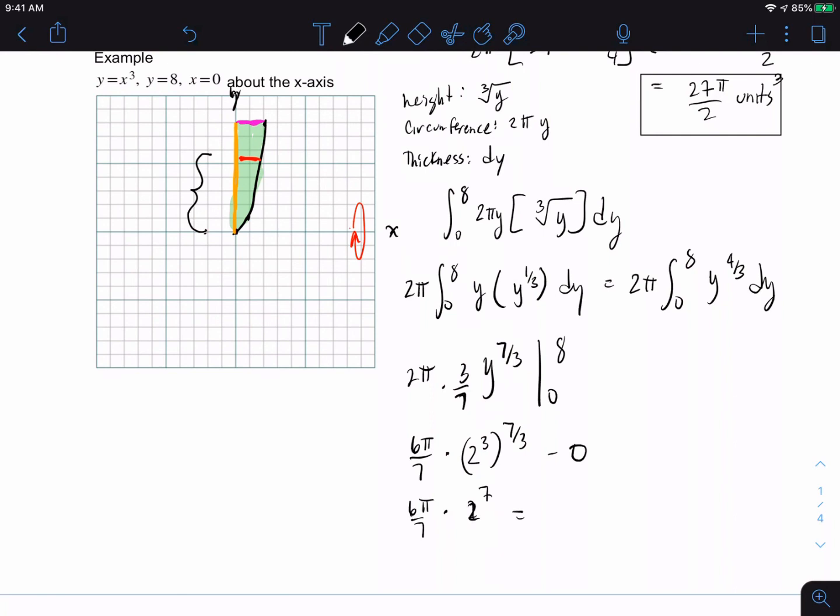And 2 to the 7th power is... what the heck is that? Is that 128? I believe that's 128. So I'm going to go 6 pi times 7 times 128. And that's going to give me, so that's a big number. 768 pi over 7. And then it's units cubed.